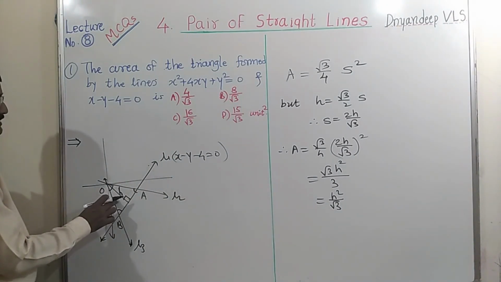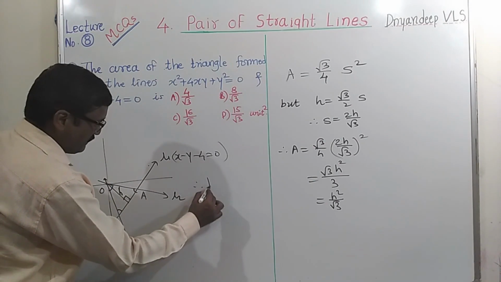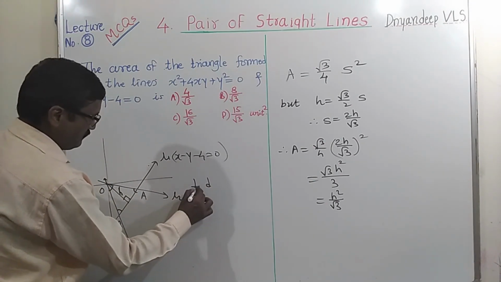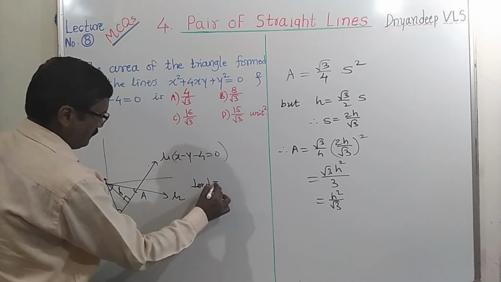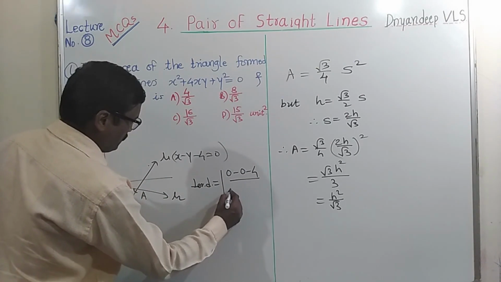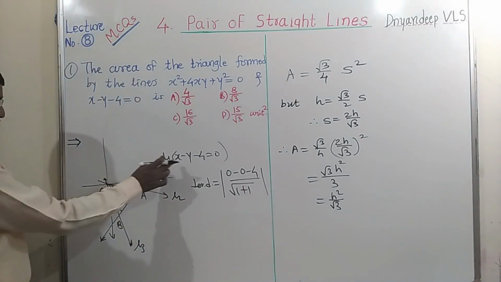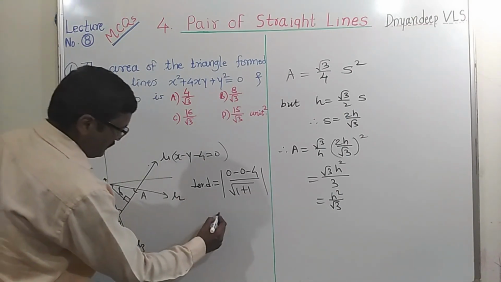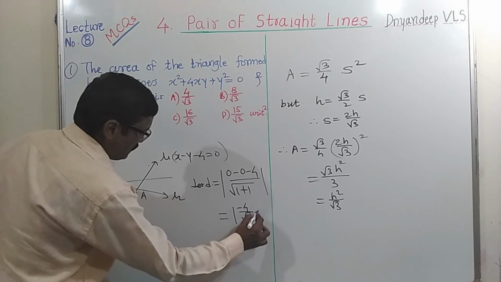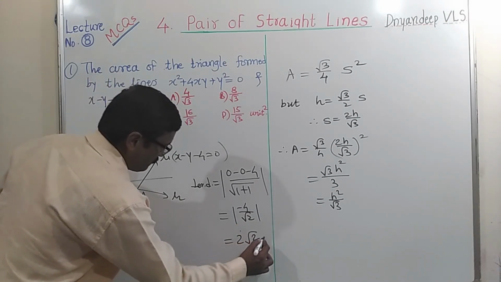And what is h? h is nothing but the distance of this line from the origin. Therefore, the perpendicular distance is equal to mod of 0 minus 4 upon root 1 plus 1. That is the distance of this line from the origin, and it is equal to mod of minus 4 upon root 2, that is equal to 2 root 2.